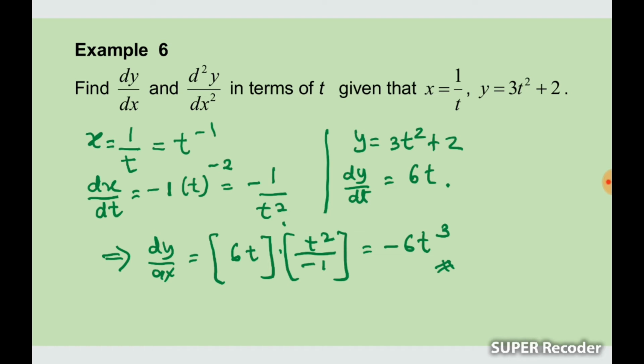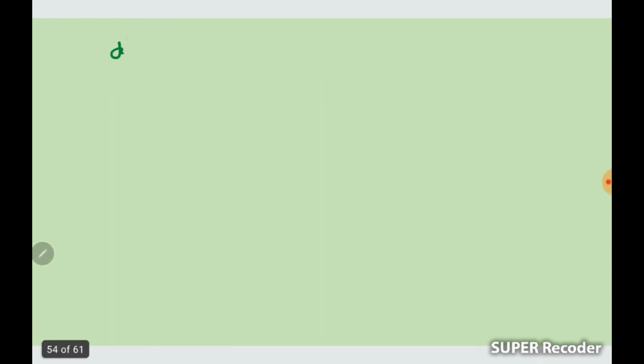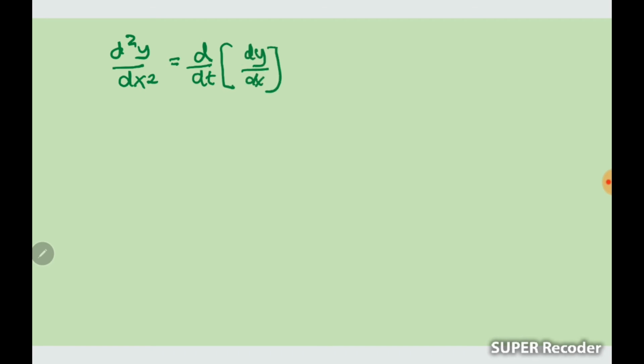Then we will continue to find the second derivative of parametric differentiation, that is d squared y dx squared. d squared y dx squared is equal to, the formula is actually given as, you have to differentiate dy dx with respect to t, then you need to multiply with dt dx.